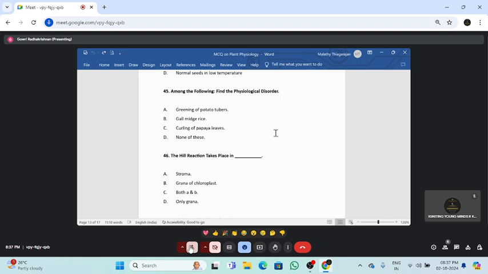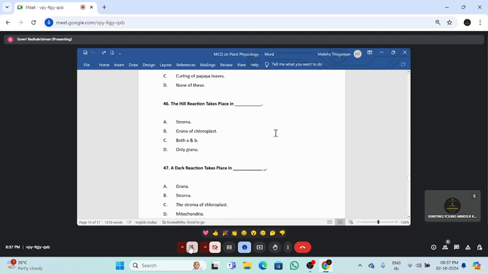Greening of potato tubers, gall midge rice, curling of papaya leaves. Is any of these a physiological disorder? None of these. These don't happen due to physiological disorders. So, option D is the correct answer.